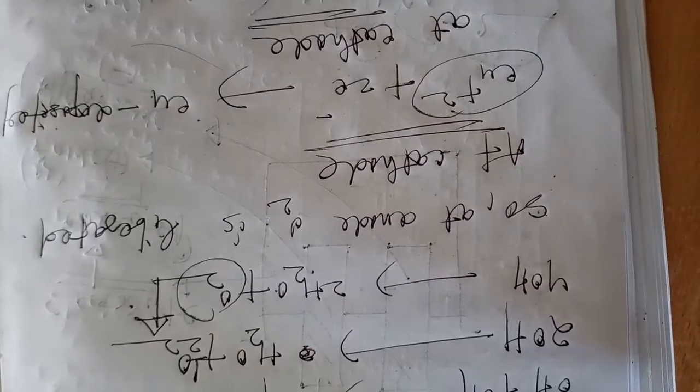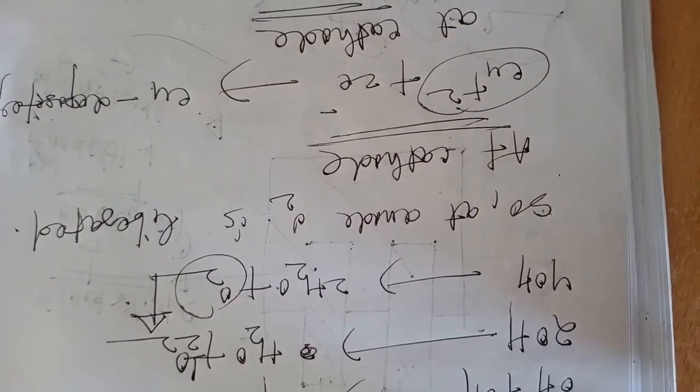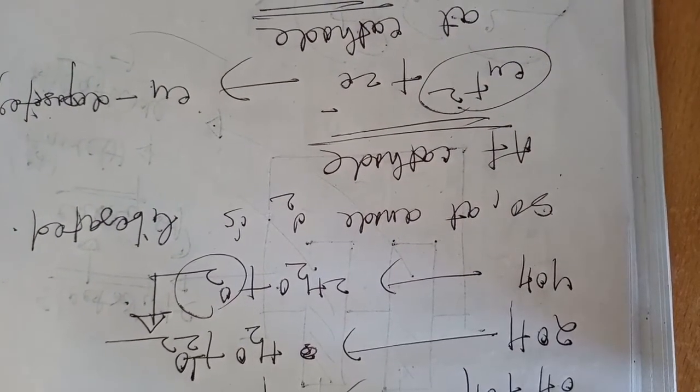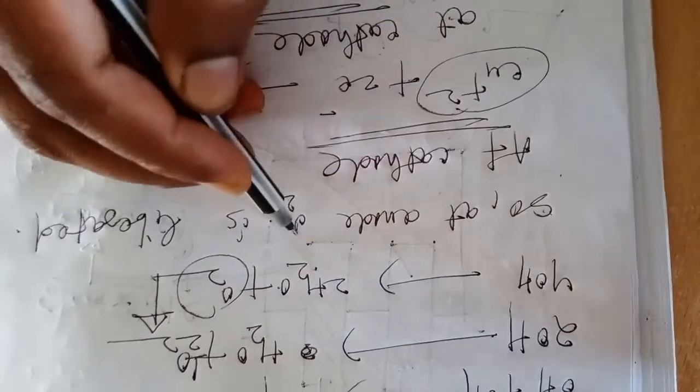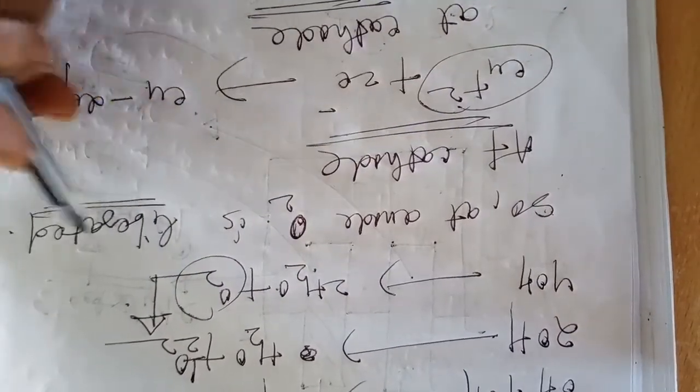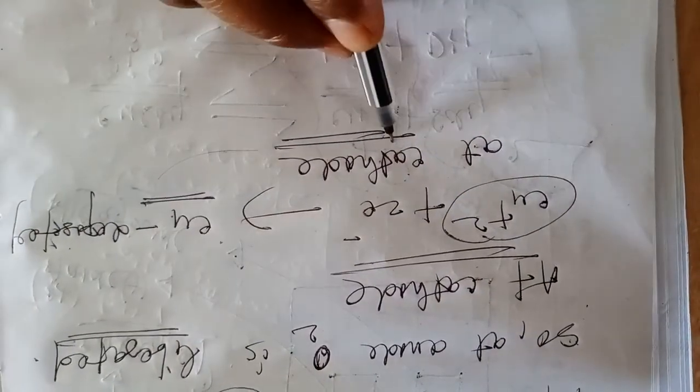So in the electrolysis of aqueous copper sulfate using platinum electrode, oxygen gas is liberated at anode and copper is deposited at cathode.